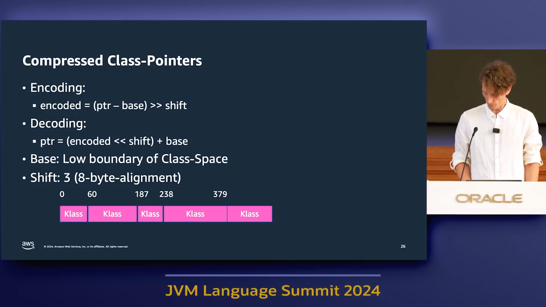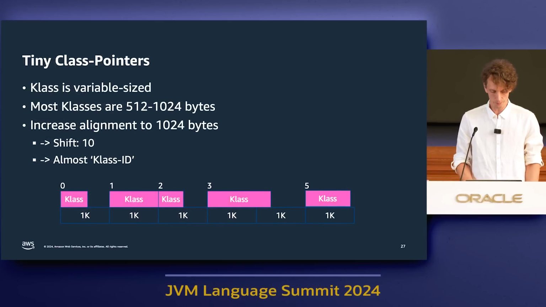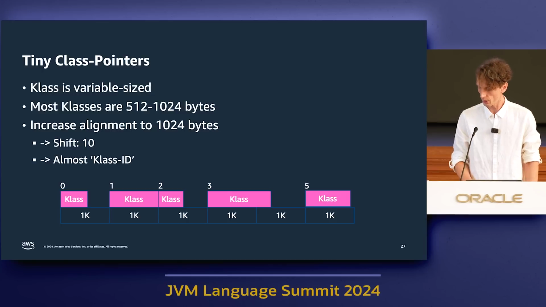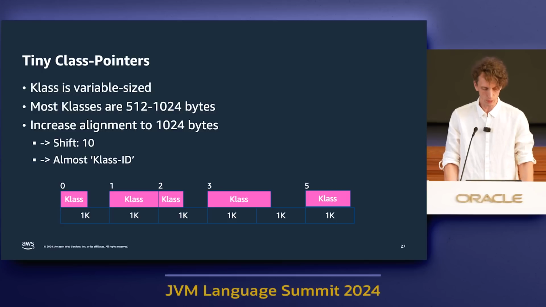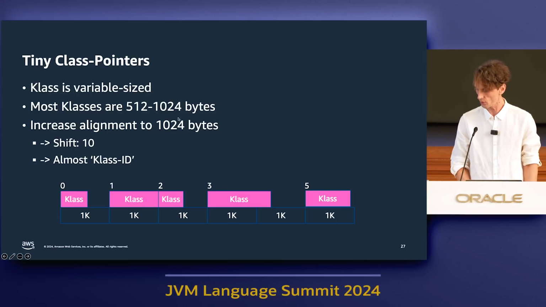The idea behind the tiny class pointer encoding that we are after is that most classes are actually quite large. They are about 500 to 1,000 bytes in size. Some classes are larger, most are smaller. This is what we found. So the idea is to increase the alignment of those class structures and increase the shift too, so that we can have much denser narrow class IDs.